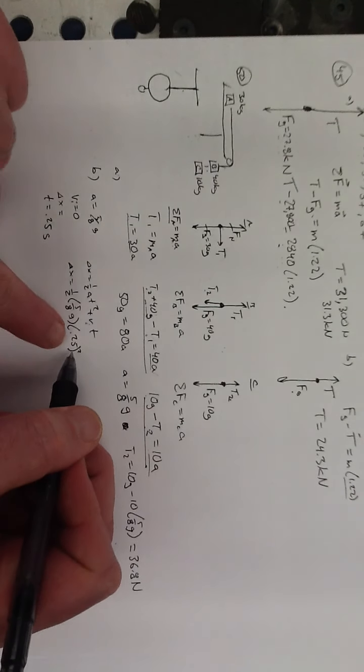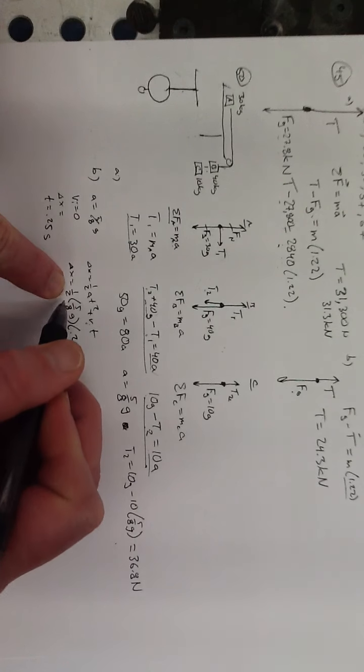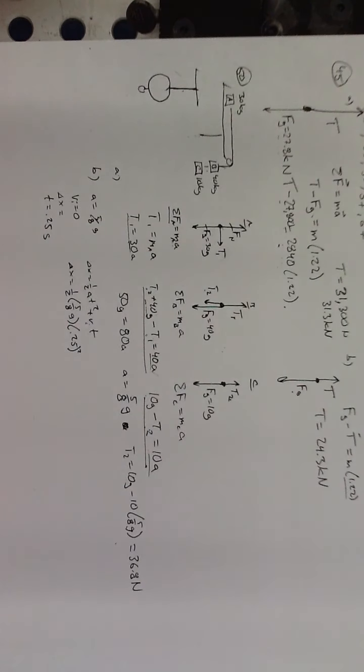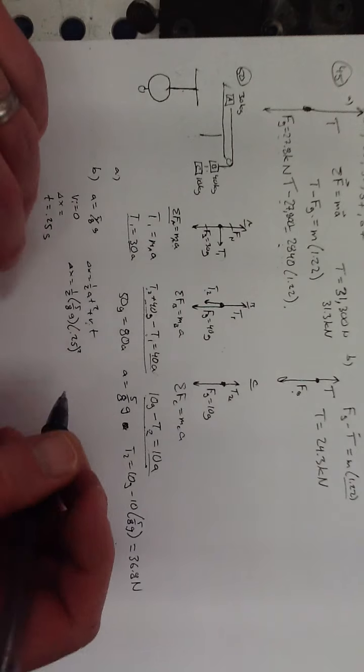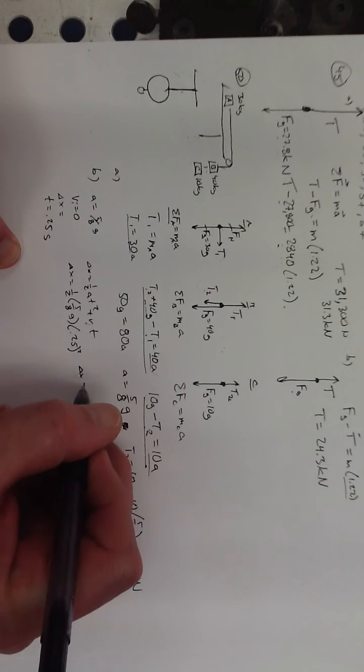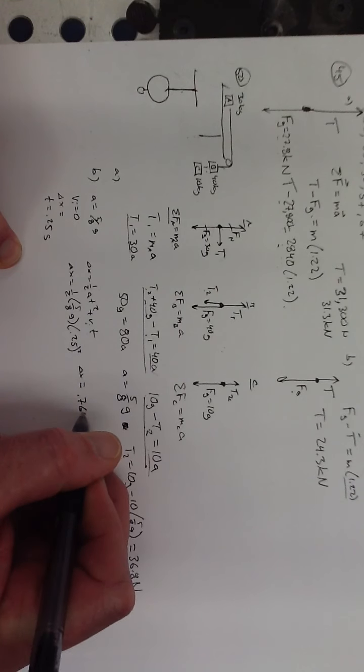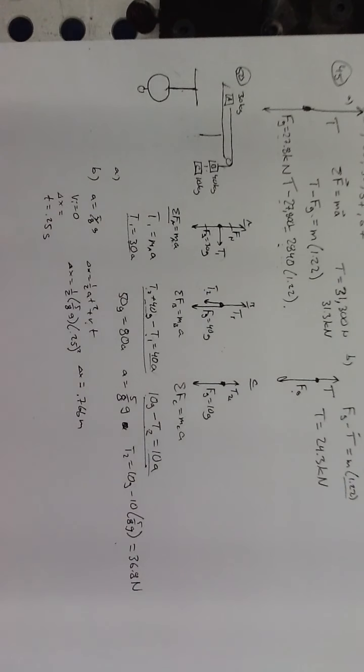So let's see, that's 1/4 times 1/2 is 1/8 times that, so that's 5/64 of G. You can simplify that however you like, but I'm getting a delta x of 0.766 meters. And let me check that against my even answers. It looks like A is good and B is not correct.